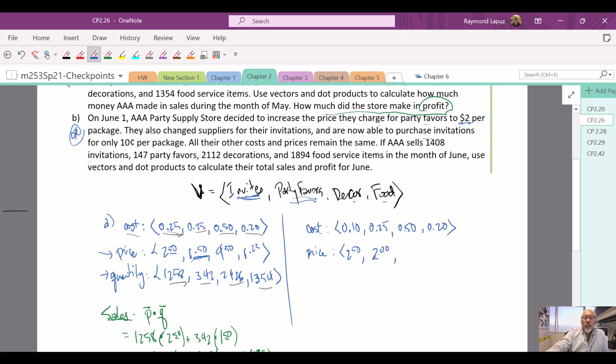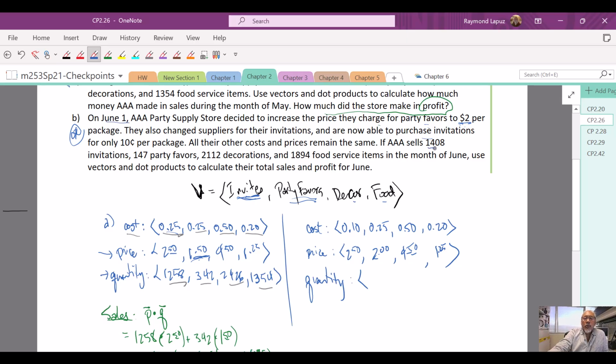The decorations are still $4.50, and the food item stuff is $1.25. Okay, so now we have the quantity, and these are the quantities that they have on June 1st.